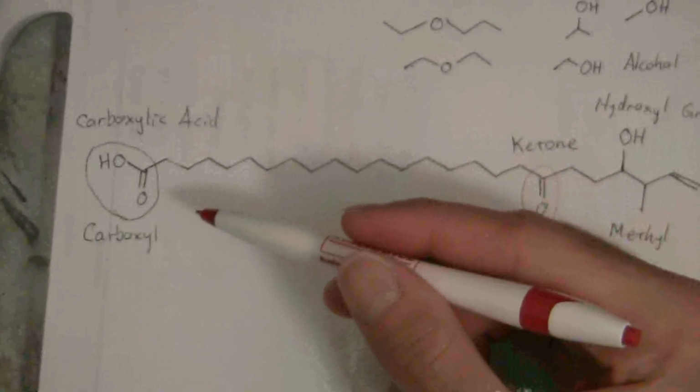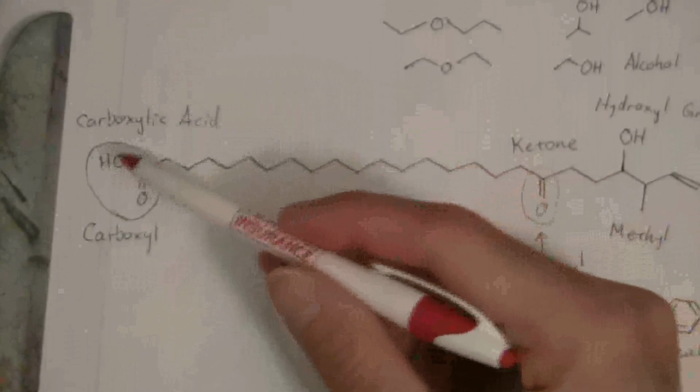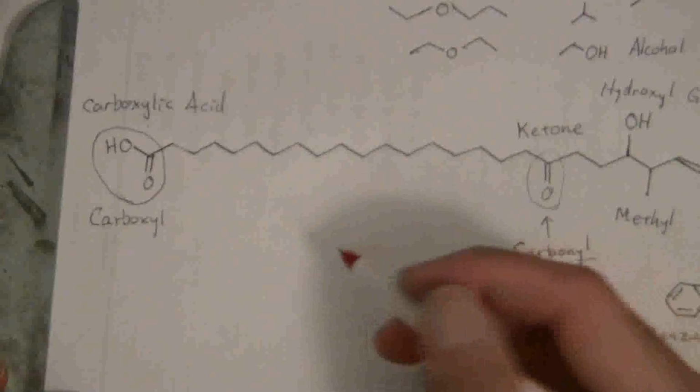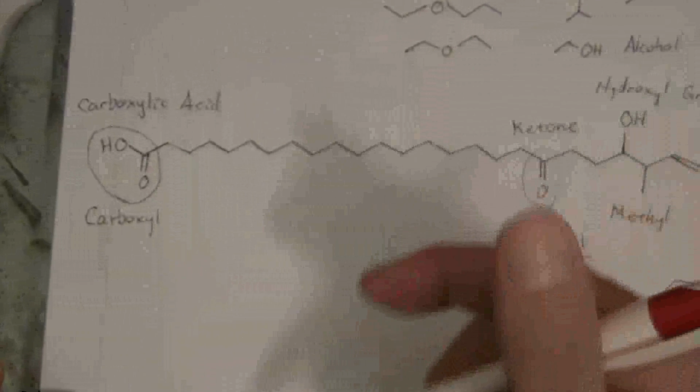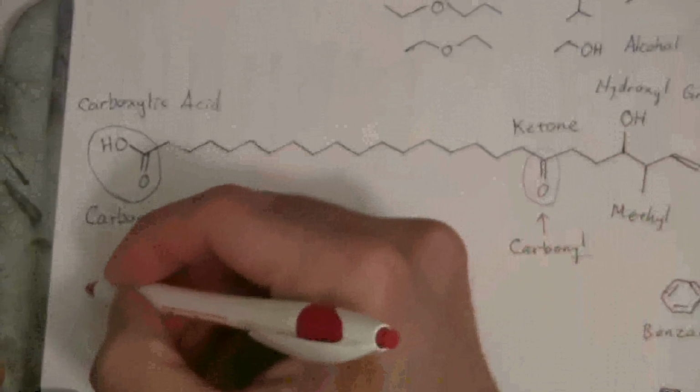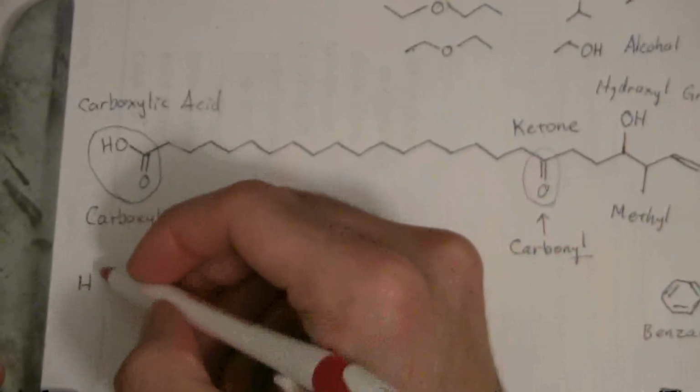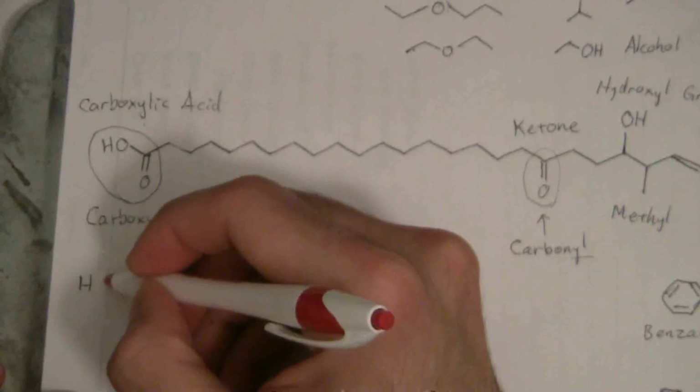So we have seen carboxylic acids, or at least one in particular, though we didn't recognize it as such. But you remember acetic acid from the acetate ion?